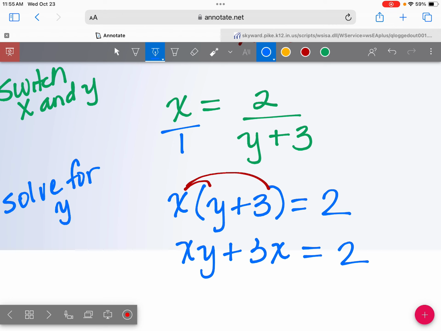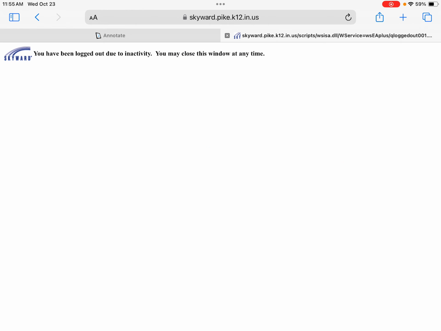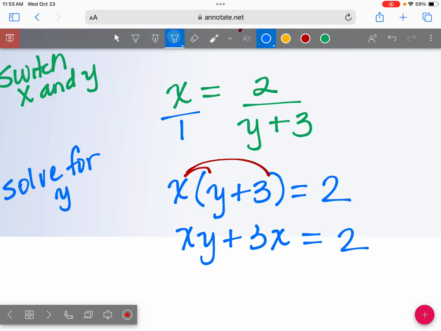All right, what do you think we should do next? Remember, we're trying to solve for y. So what would you do next to solve for y? If we do that, we'll be back where we were. So we need to get rid of, let's subtract the 3x.